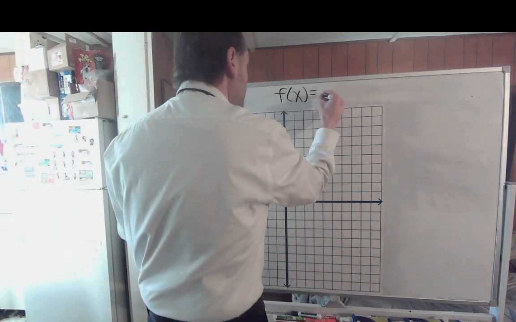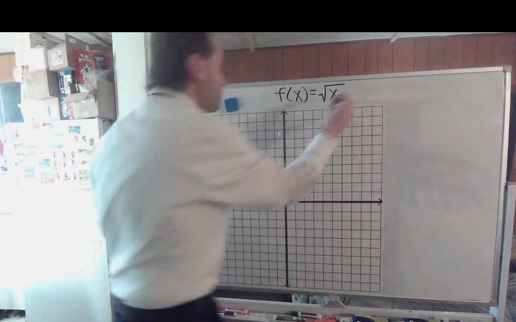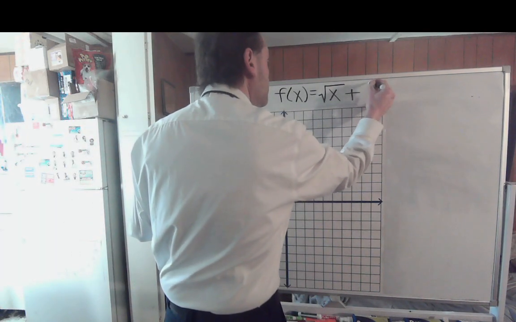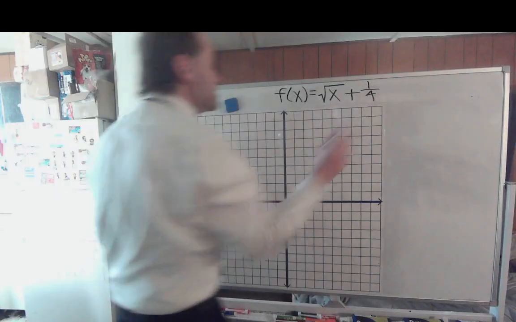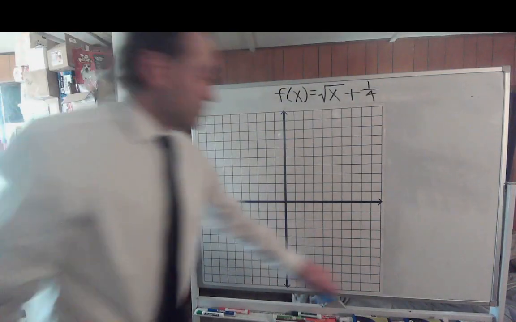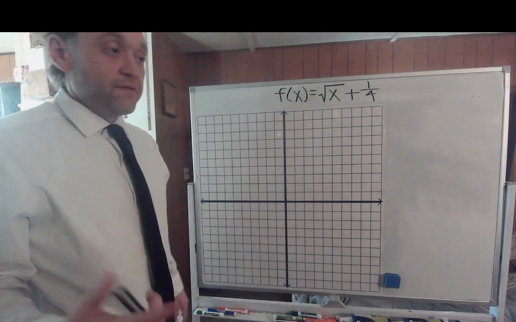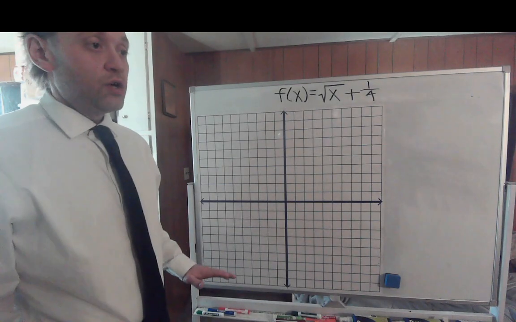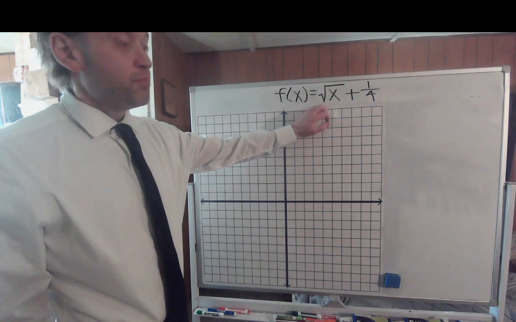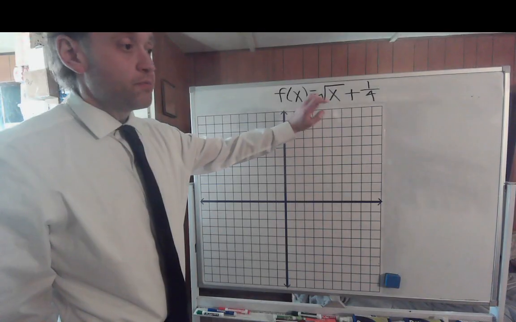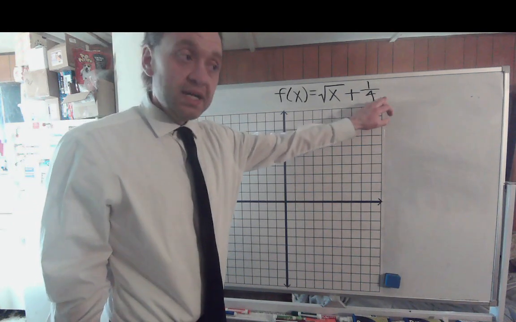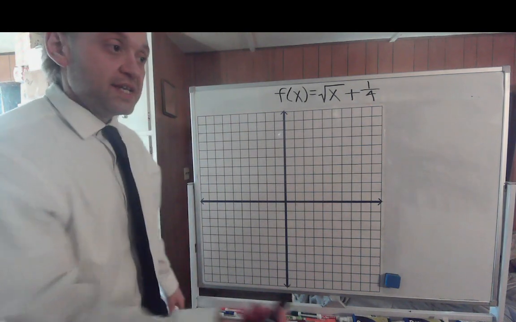All right, this one's a little bit different. So you have the square root of x plus 1/4. For any function at all, and it's true in this case, if you have your function of x, and then outside of that you have plus or minus a number, that indicates a vertical shift.